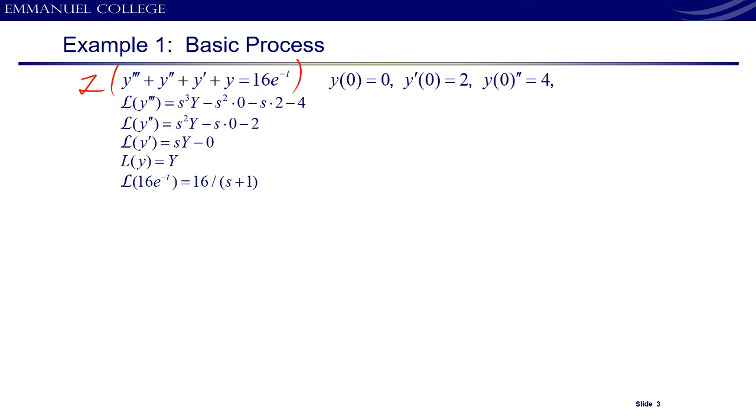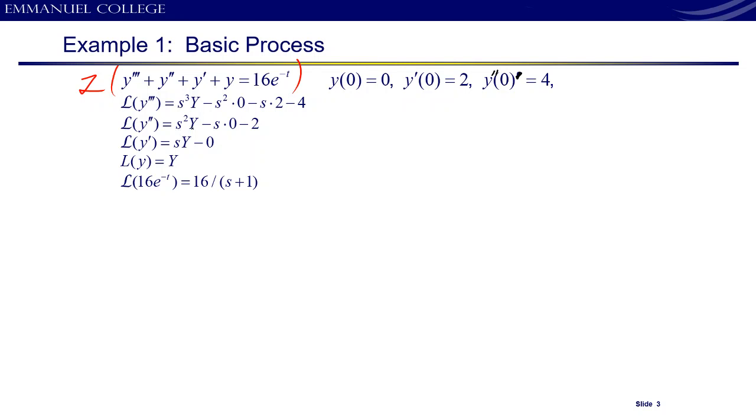And remember, these would count down. s cubed y, minus s squared times y of 0, then minus s times y prime of 0, minus, you think about it as s to the 0 times y double prime of 0.